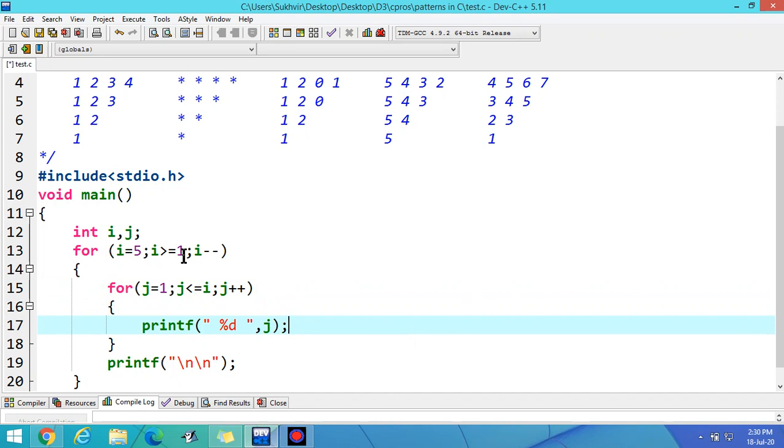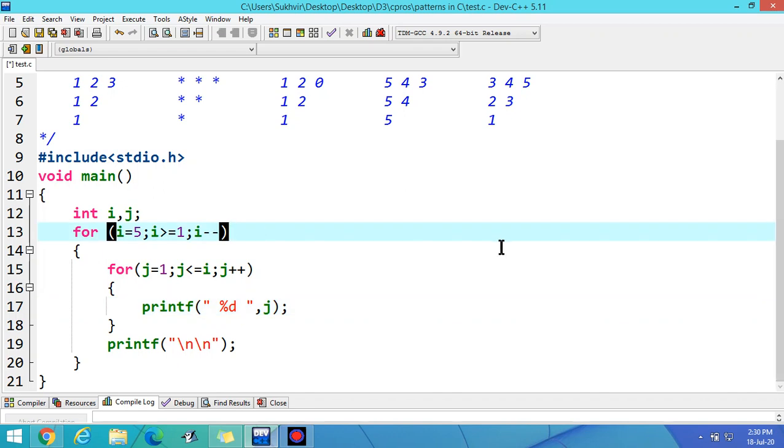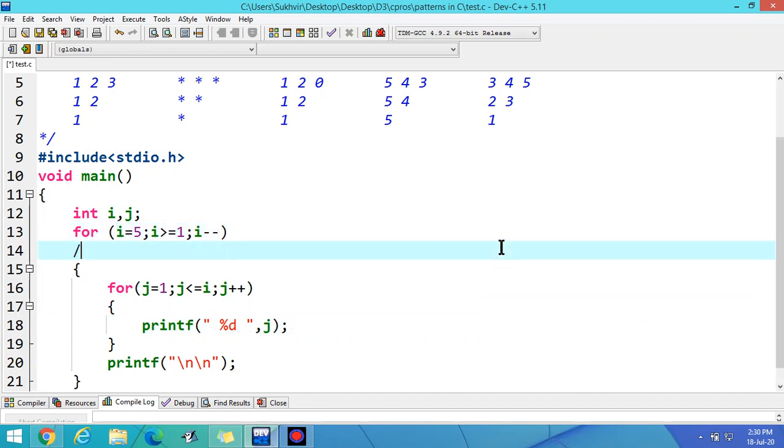Now, first of all, understand the content of what I am writing. If the value of i is equal to 5, j varies from 1 to 5. What is the meaning of this? If i is equal to 5, then j varies from 1 to 5.